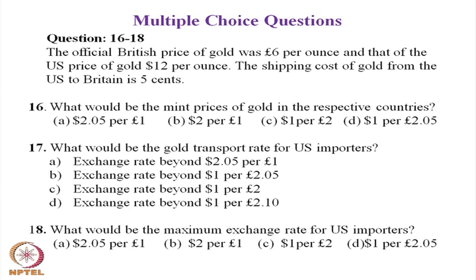A, $2.05 per pound sterling, B, $2 per pound sterling, C, $1 per 2 pound sterling, D, $1 per 2.05 pound sterling. Mark the answer, keep it with you.